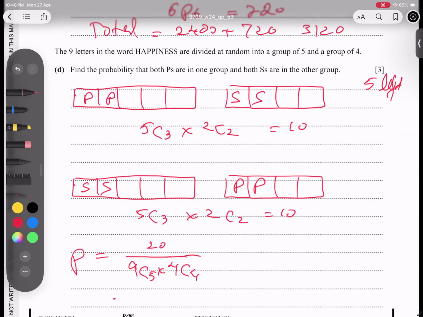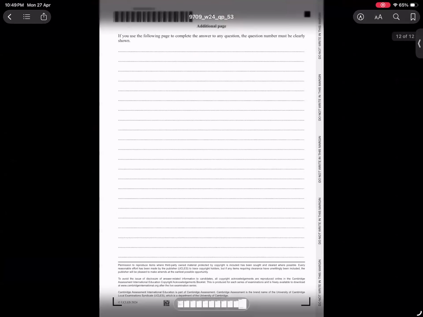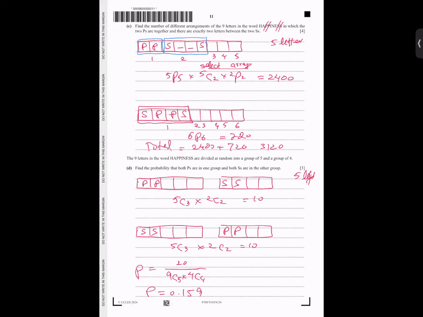After rounding, 0.159. So I hope the concept is very clear, and we have done this question completely, and the paper is completely done. So best of luck for the upcoming exam, and pray for me. Assalamu alaikum wa rahmatullahi wa barakatuh.